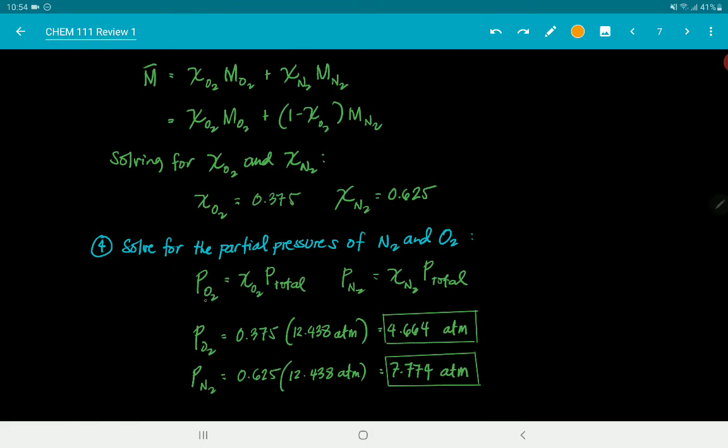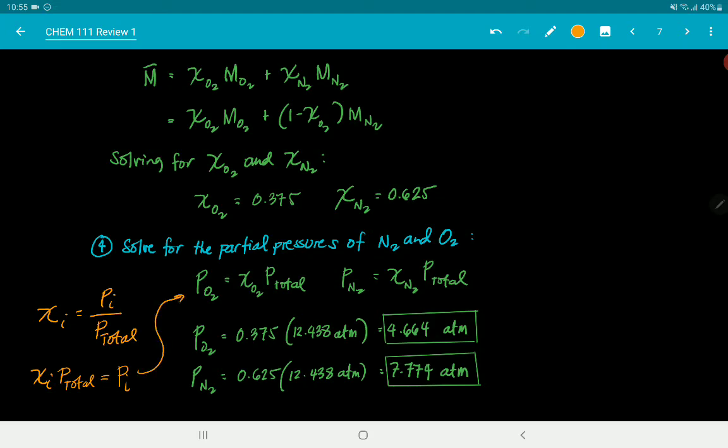So solve for the partial pressures of N2 and O2. So the PO2, or the pressure of O2, is equal to the mole fraction of O2 times P total. The pressure of N2 is equal to the mole fraction of N2 times P total. So this is based on the equation. The mole fraction of component i is equal to the pressure of component i over the P total. Therefore, chi i times P total is equal to P i.